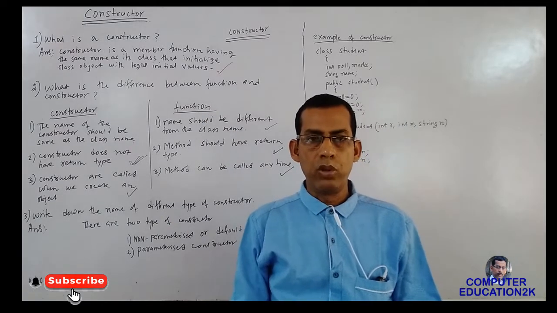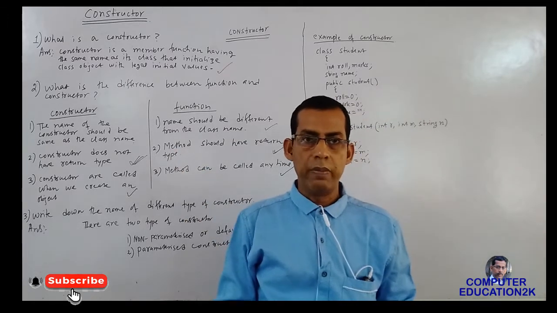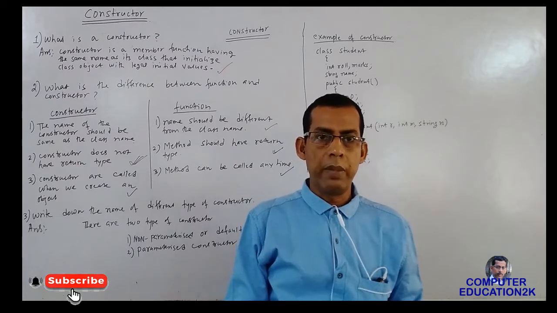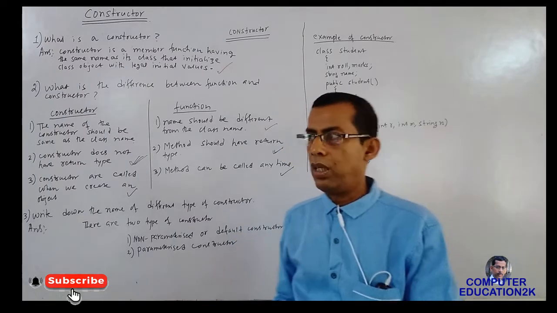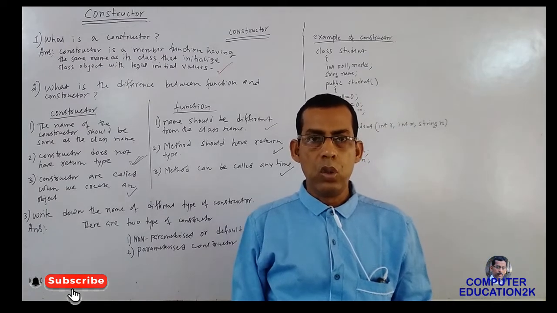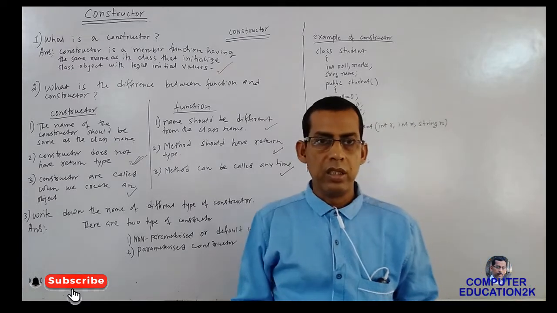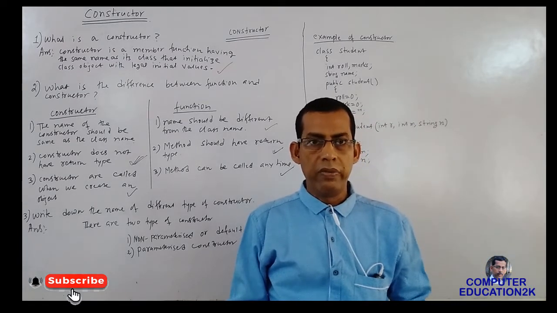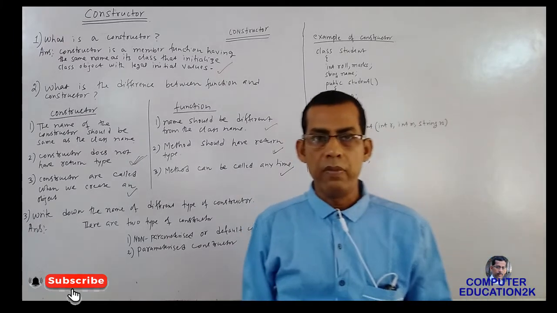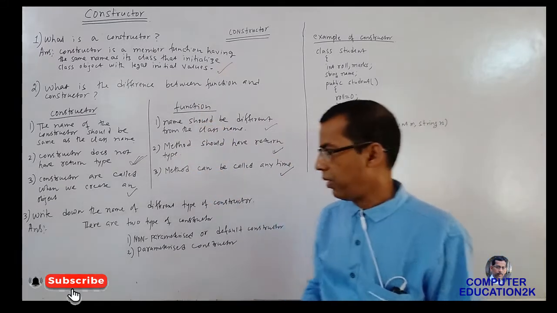Function name can be different, but the constructor name should be same as that of a class. Function can be called from anywhere, but a constructor will be called when you create an object. And before a constructor name there should not be any return type, float, void, double, but before a function name you can have the return type.